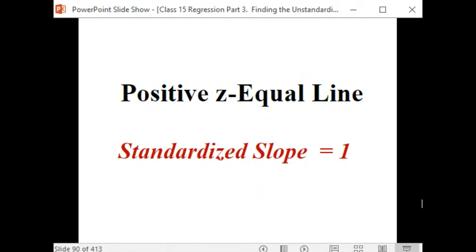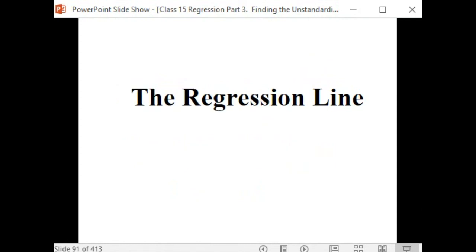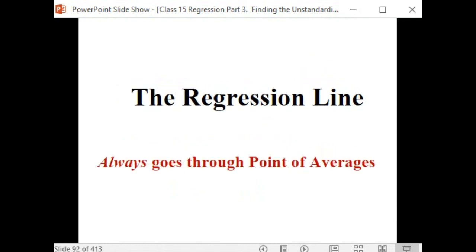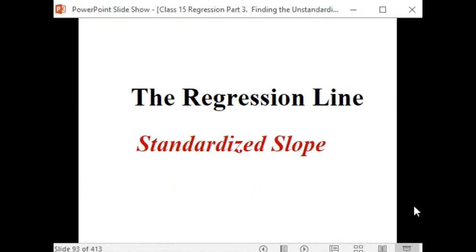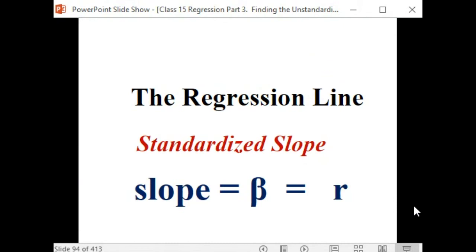Now, let's compare that with the regression line. As you remember, one of the important facts about the regression line is that it always goes through the point of averages. And its standardized slope is beta, and beta is always equal to r.